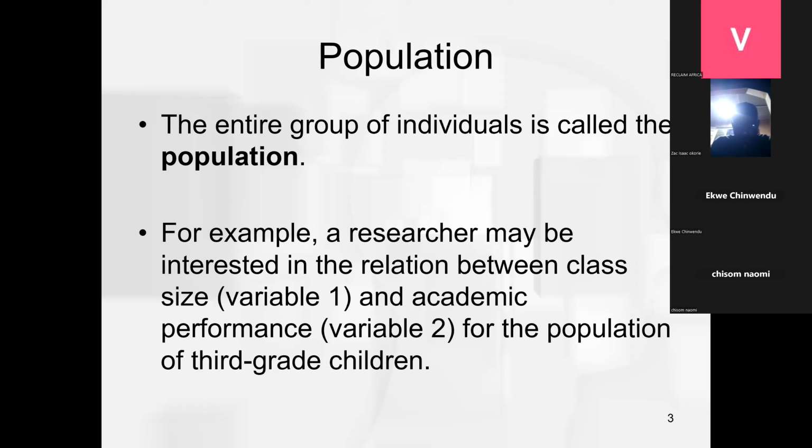So I told you what the population itself is. The entire group of individuals in focus is what we refer to as population. And more often, population is usually a large concept. Because we don't have enough resources, we don't have all the time, and we don't even have the feasibility of meeting every element in the population.